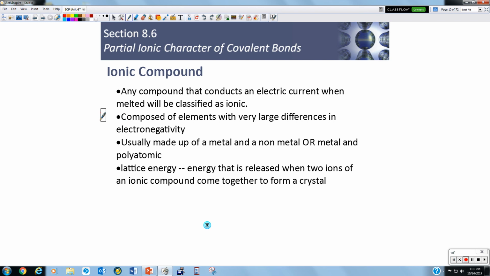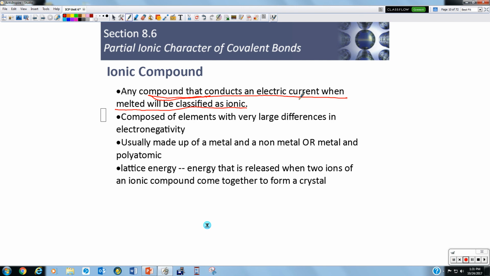Ionic compounds. Any compound that conducts electricity when melted will be classified as ionic. So what I want you to know about this, a solid ionic compound does not conduct electricity. Why can a melted ionic compound conduct electricity and a solid not? Molecules aren't as close together, compacted.